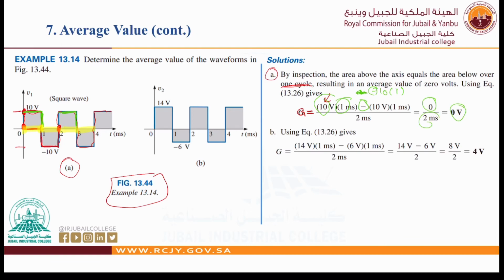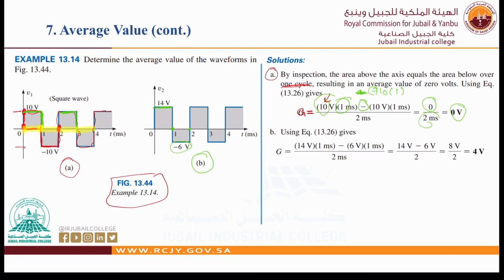Now you will understand if you see the second waveform here. This is the second one. I have here 14 volt in 1 second, right? I have here minus 6 volt in 1 second.